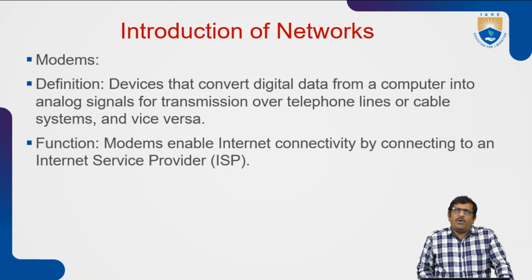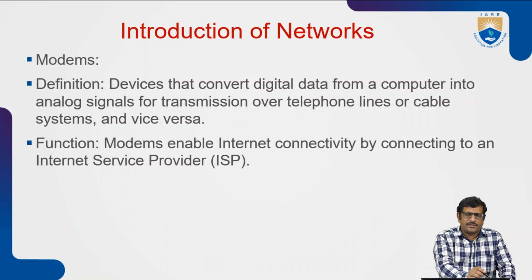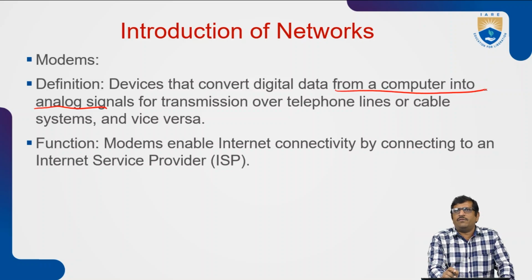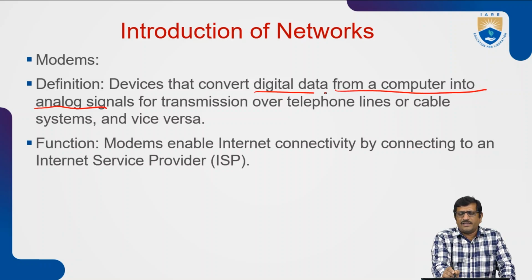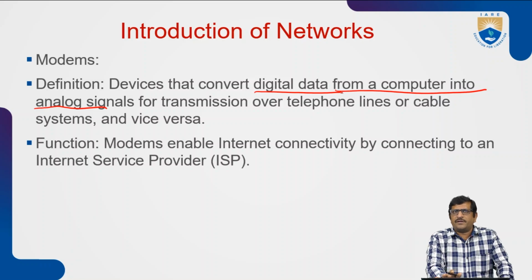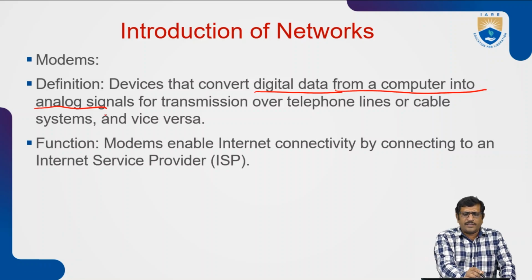Modems, modulators and demodulators. These are modem devices which convert digital data from the computer into analog signals. Mainly with the help of modems, digital signals are converted into analog signals.